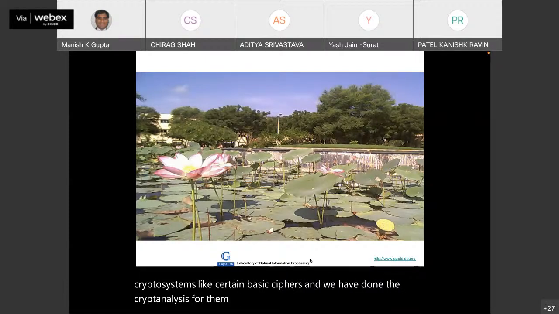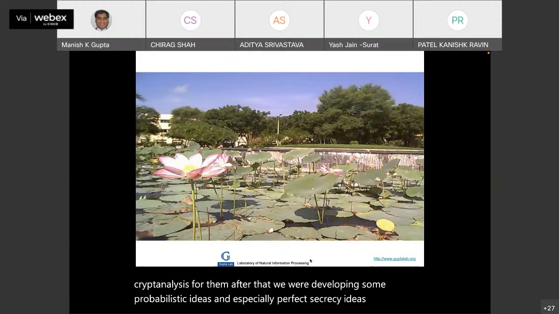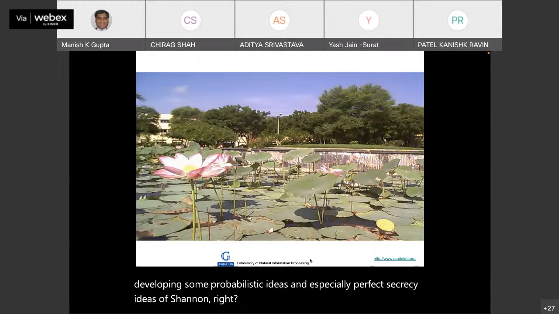After that, we were developing some probabilistic ideas, especially perfect secrecy ideas of Shannon, right? And we talked about entropy of a random variable. So we defined a random variable. What is a random variable? A random variable X bar consists of two things: a finite set X and a probability distribution associated with X, right? Then we talked about entropy of a random variable.